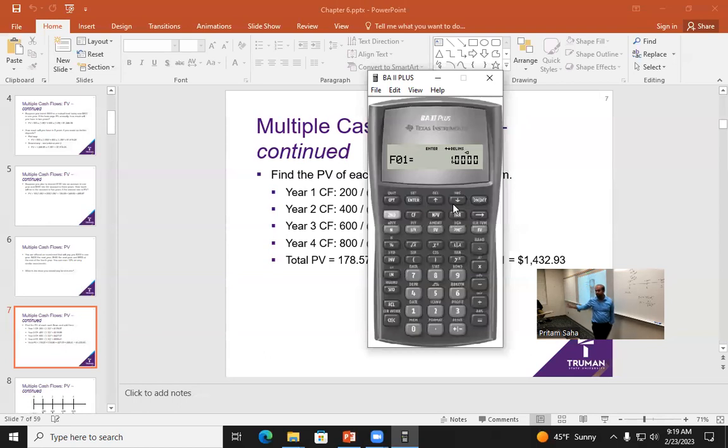One, right? So the frequency should be 1. It's already there, so we can move on. Cash flow 2 is 400. Frequency of cash flow 2 is 1. Cash flow 3 is 600.